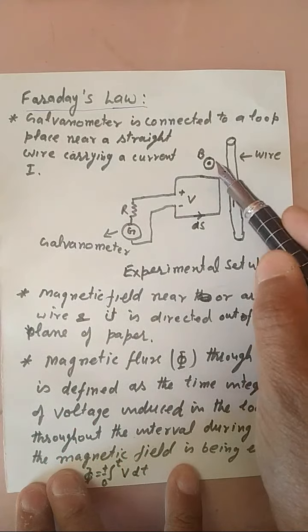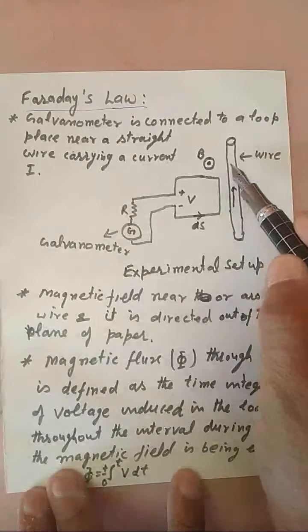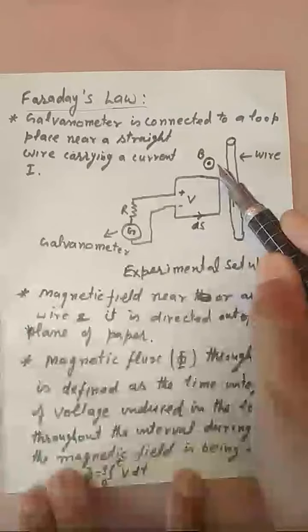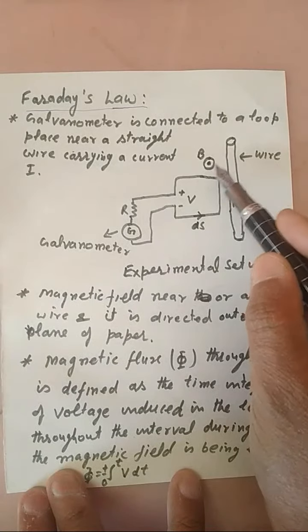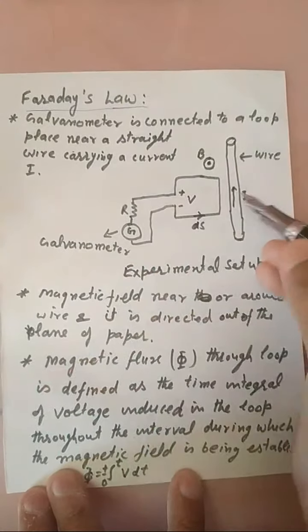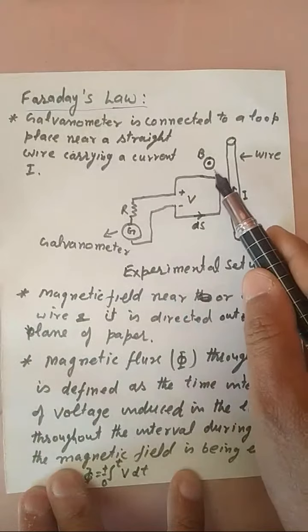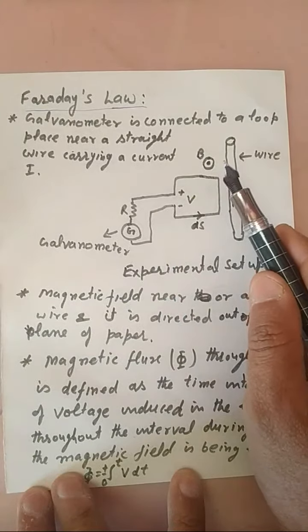If we place, for example, a magnetic compass near this wire, we can detect this field, and the direction of this field is normal to the plane of the paper. So this is in the upward direction, and we denote it like this.